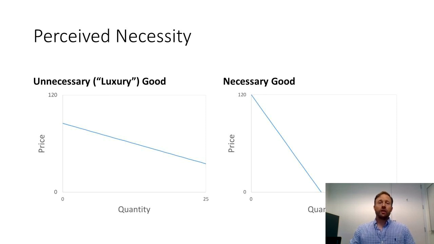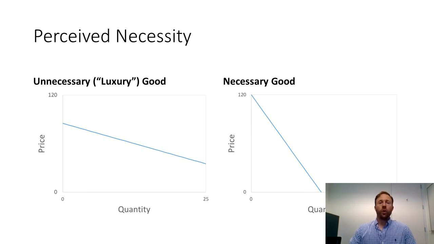On the flip side, you can think of goods that used to be considered necessities, but now they're a luxury good. For example, horses. In the 1800s, if you didn't own a horse, that was a significant liability for you. You didn't have great, reliable transportation. So owning a horse was a necessity, especially if you were in agriculture back in the 1800s. But today, nobody needs to have a horse.